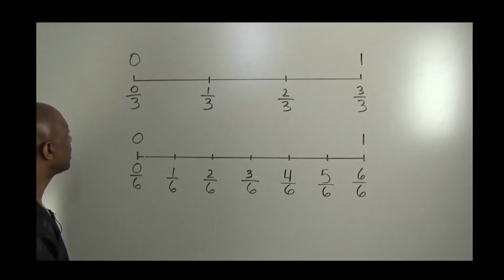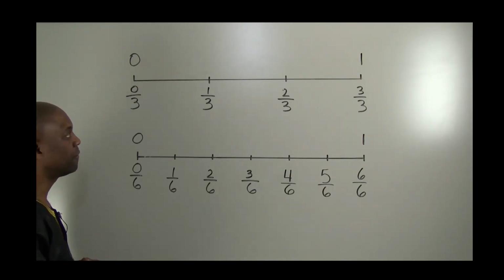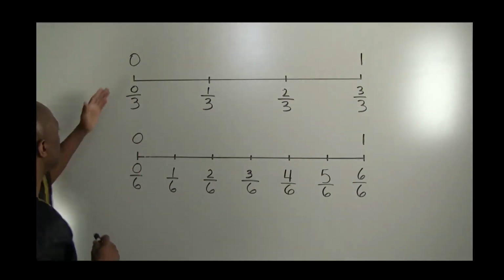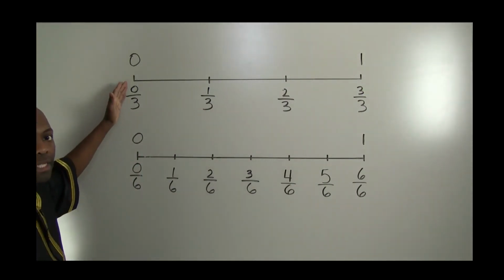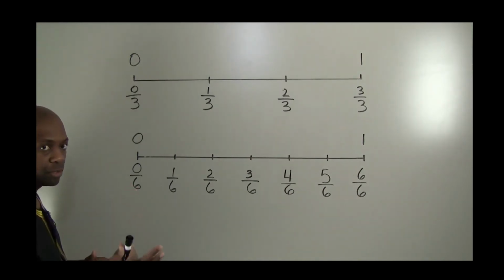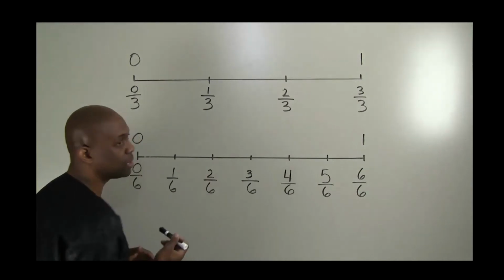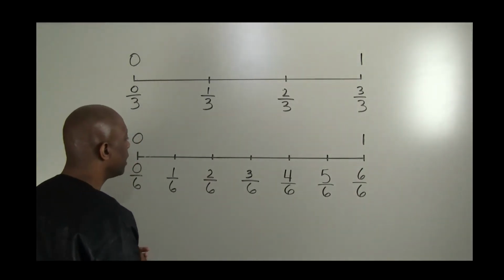Now, what you'll notice is that if we want to identify a particular point, say if we want to know what 2/3 of the unit 0 to 1 is, we simply start here, which we're calling 0, and we count 2. So hence this is 1, 2. Thus we get 2/3.